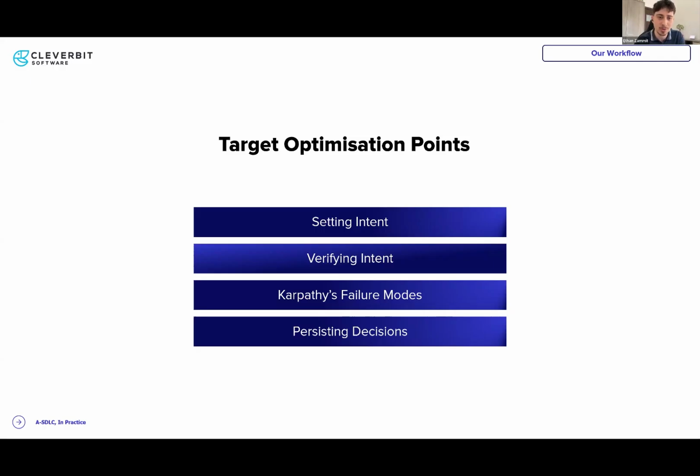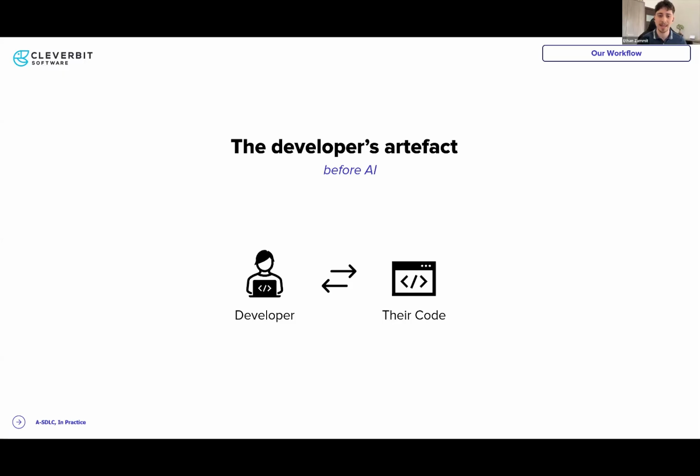So in order to do this, we started by looking all the way back to the artifact before we were all using AI, and essentially we boiled it down to just the developer with their intent sitting with their code as the main artifact, right?